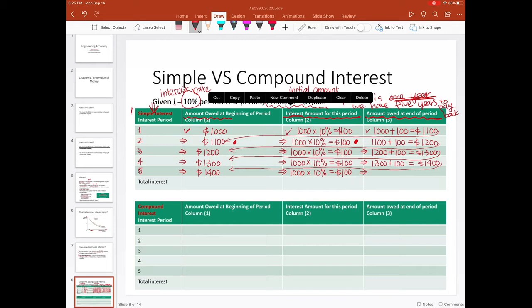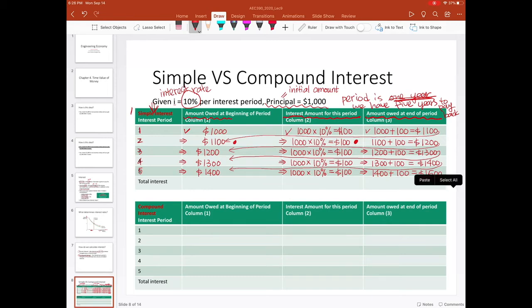At the end of the fifth year, the total you owe will be the $1,400 you owed at the beginning of the fifth year plus the $100 as interest, so $1,500. This is the total amount you need to pay back to the bank after 5 years, if the interest is calculated using the simple interest approach.